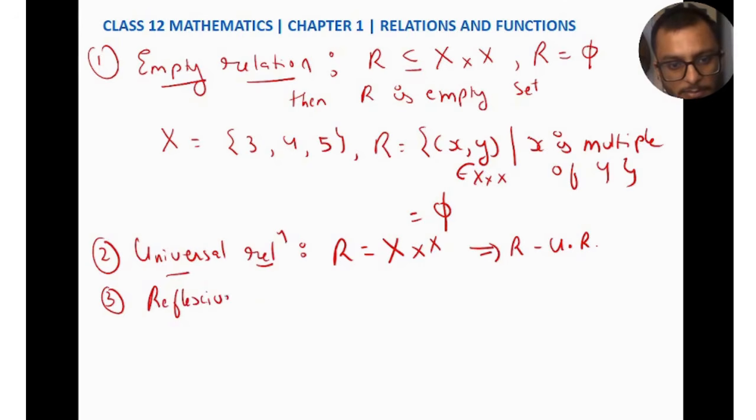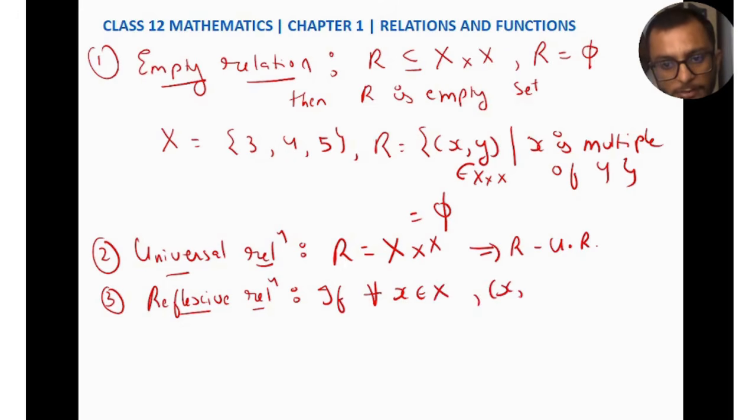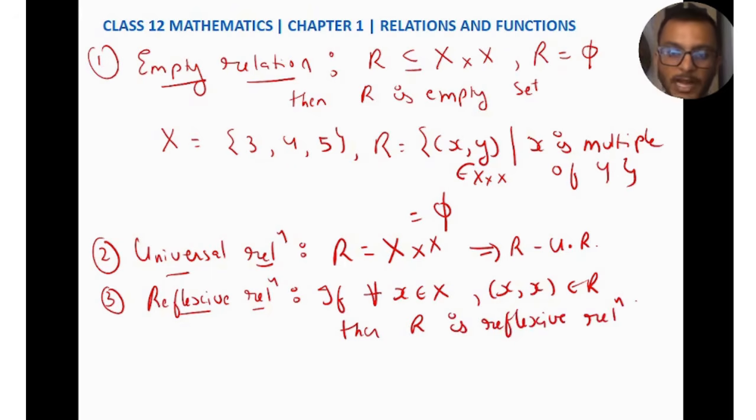R is reflexive if for every x belongs to X, (x, x) belongs to R. That is, if you are defining any relation R and you are picking any element from X, then you should find the corresponding (x, x) pair in R. Then the relation is called a reflexive relation, and this (x, x) belongs to R should hold for every x in capital X. Then what is symmetric relation?